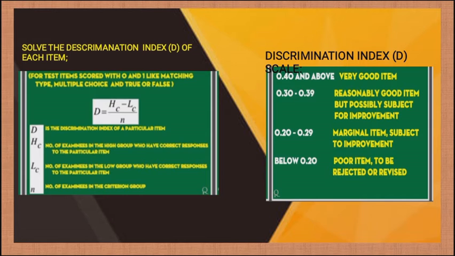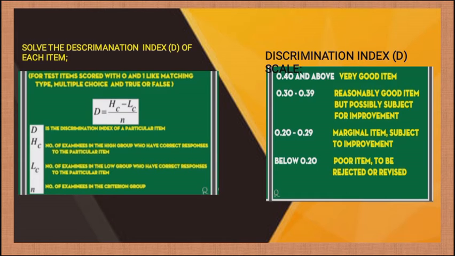And if 20 to 29% of the students got the item correct, this is a marginal item, subject to improvement. But if below 20% of the students got the item correct, then this is considered as a poor item. Therefore, the item should be rejected or revised.